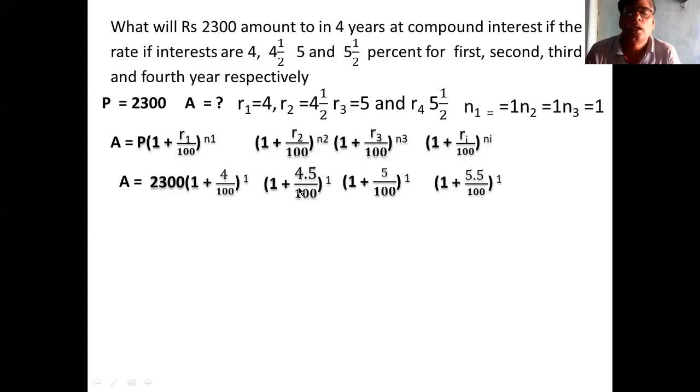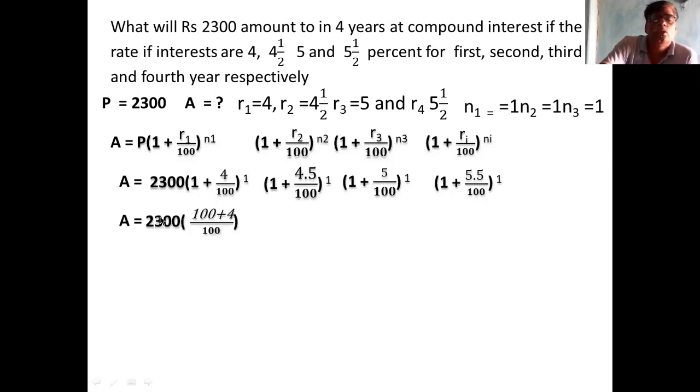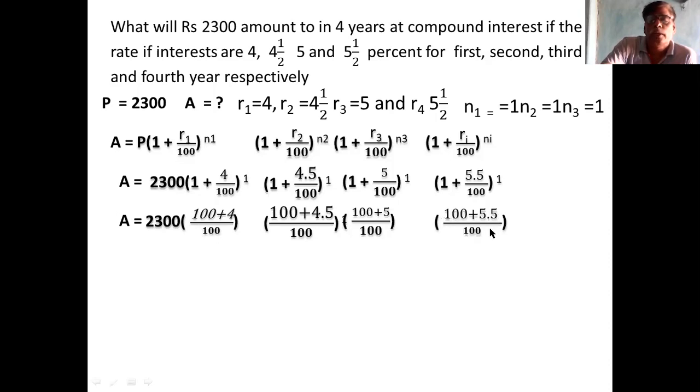You write the period at the N place and the rate of interest at the rate place. If you simplify these brackets, A is equal to 2300 times (100 plus 4) divided by 100, (100 plus 4.5) divided by 100, (100 plus 5) divided by 100, (100 plus 5.5) divided by 100. You take the LCM of those.